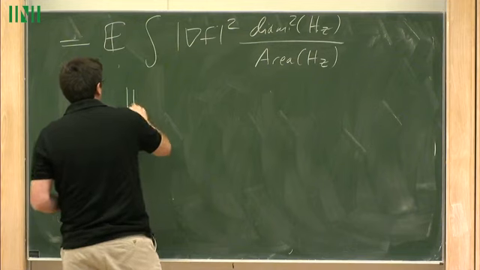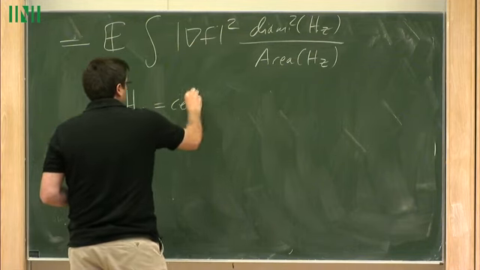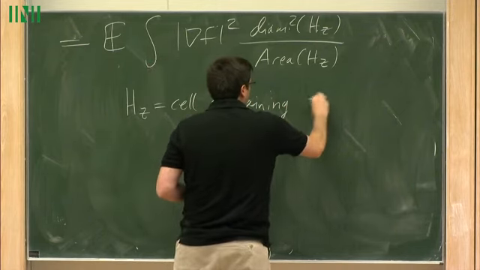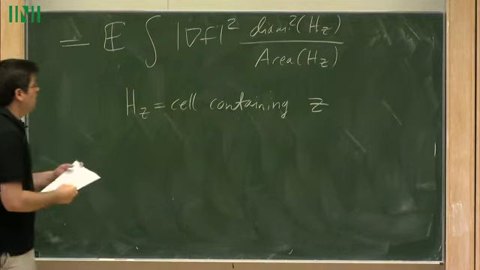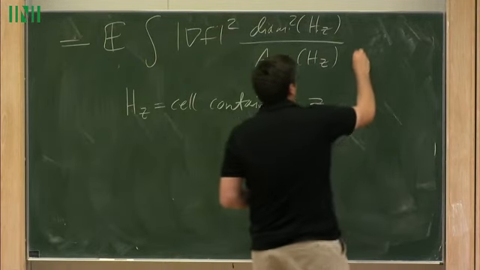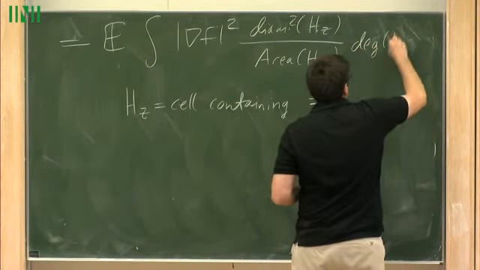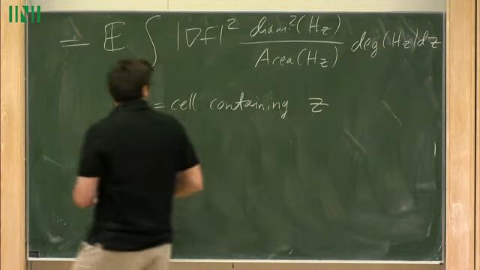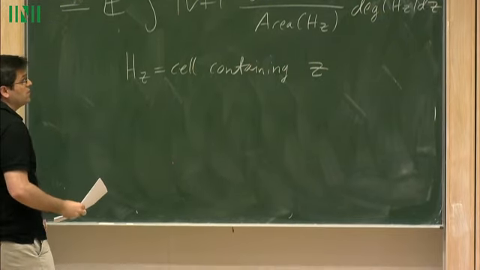So here h sub z is just going to be the cell which contains z, okay, and multiply it by the degree. Okay, so this is representing the same thing.